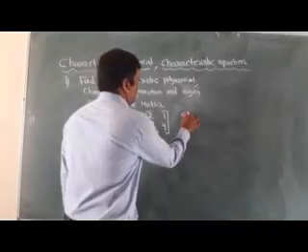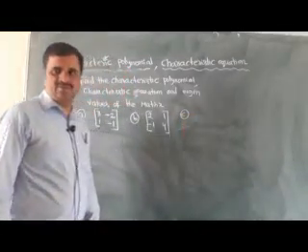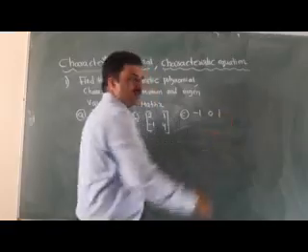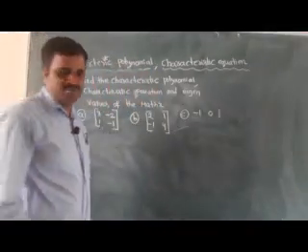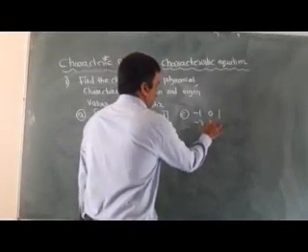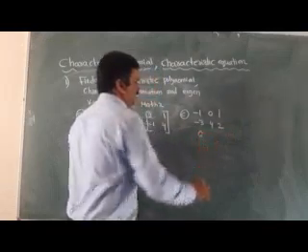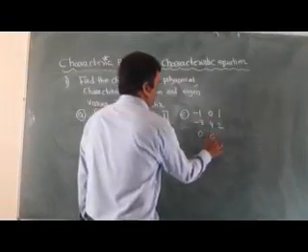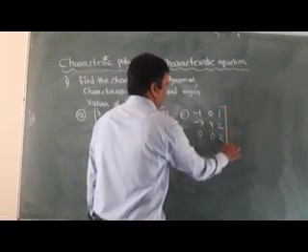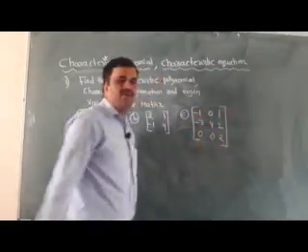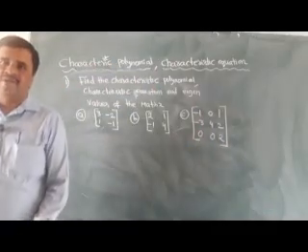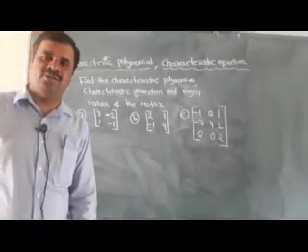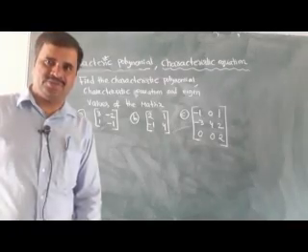And C is a 3 by 3 matrix: minus 1, 0, 1; minus 3, 4, 2; 0, 0, 2. Here we have to find the characteristic polynomial, characteristic equation, and also eigenvalues.